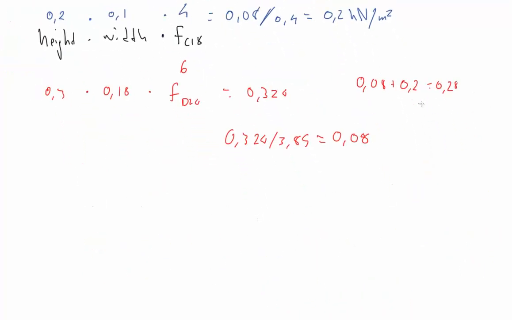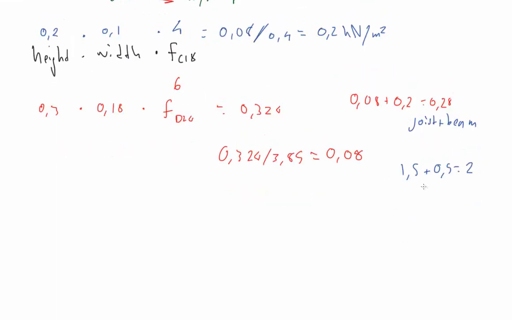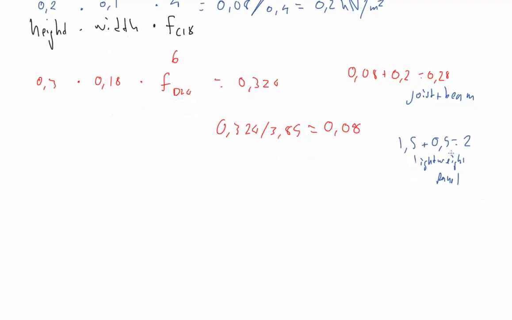Here will be the joist plus beam, and then 1.5 plus 0.5 equals 2 for the lightweight panel. These are the dead weight, a constant self weight of the building. So you do 2 plus 0.28, which is 2.28.